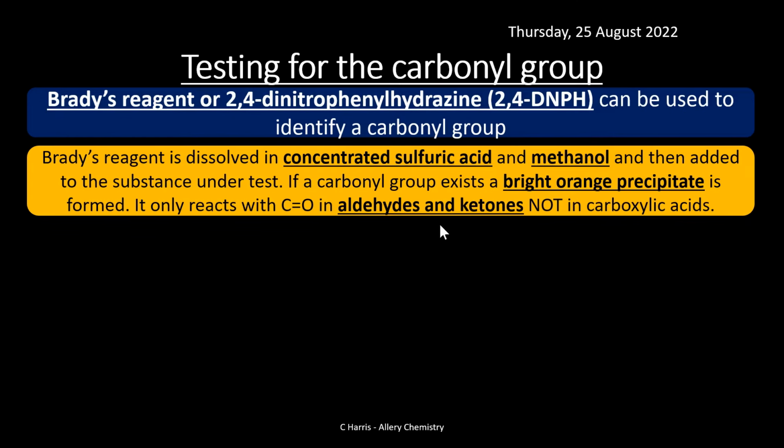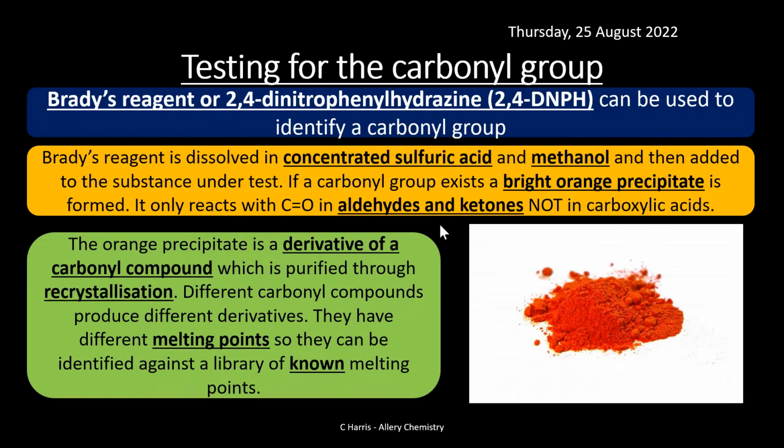If a carbonyl group exists, then a bright orange precipitate is formed. Crucially, this will only react with carbonyl groups in aldehydes and ketones. So Brady's reagent is really good to identify if you have an aldehyde or ketone in the first place. And then if you do, you can use either Tollen's or Fehling's to distinguish if it's an aldehyde or a ketone. It won't work with carboxylic acids, so that's good.